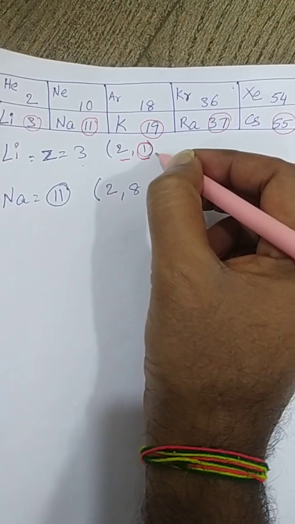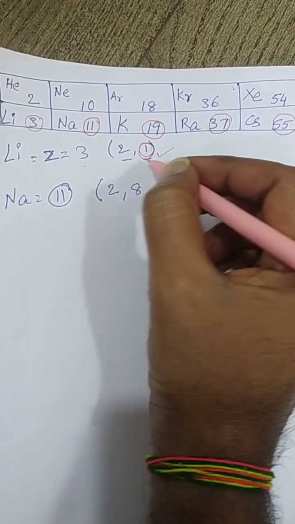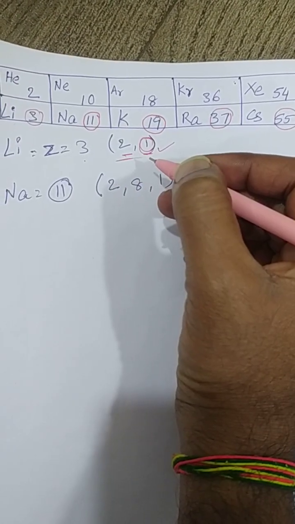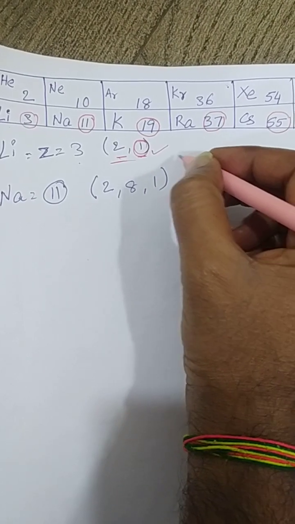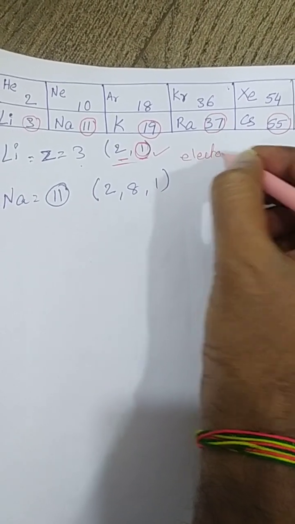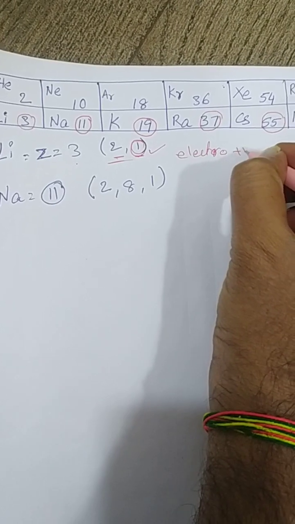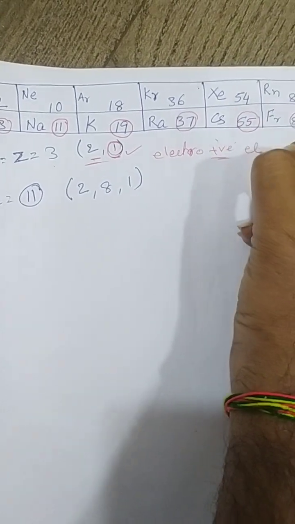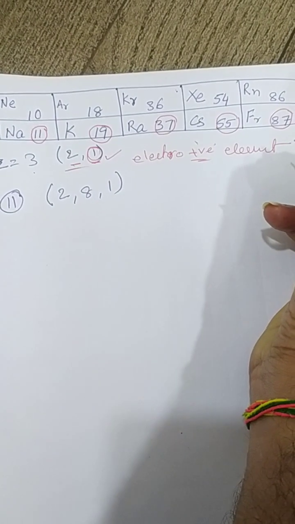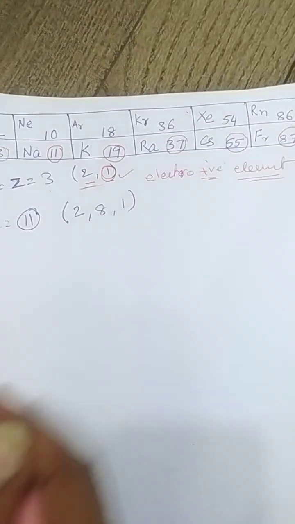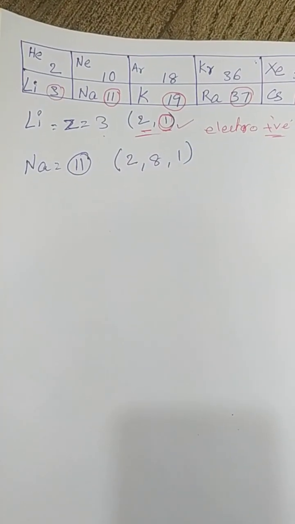Hence it easily wants to release this valence electron, become a helium configuration and easily form an electropositive element. That is the characteristic of the alkali metals.